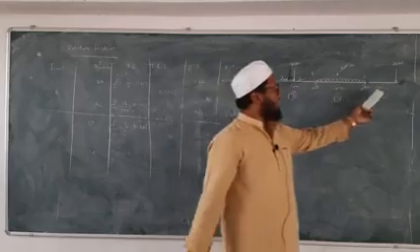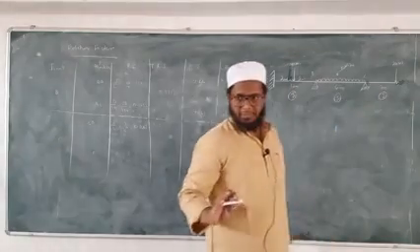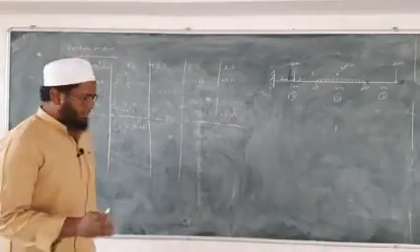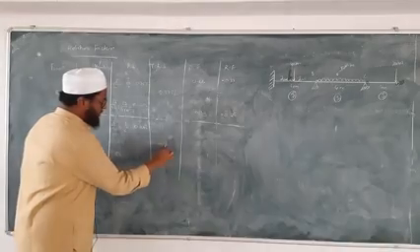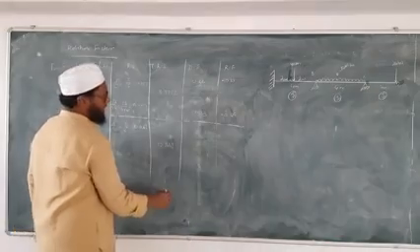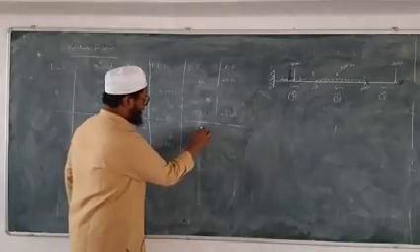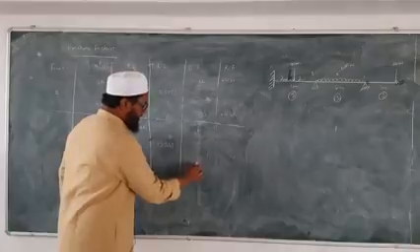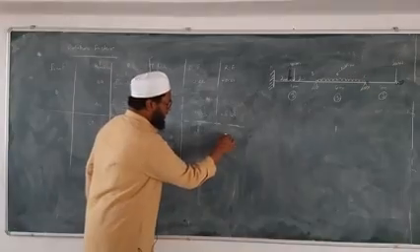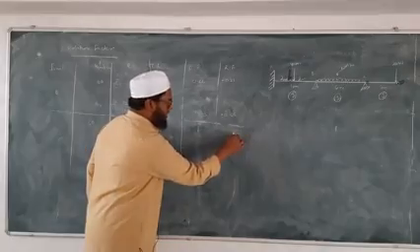Here there is no support. When there is no support, 0 directly. So 0. Here it will be 1, right? 1, 0. Here minus 0.5.